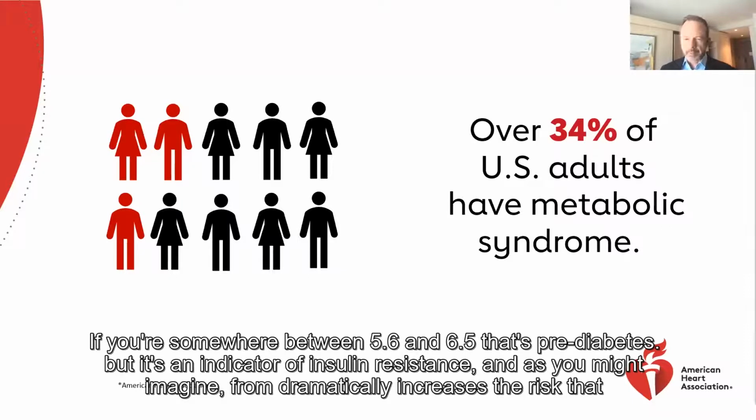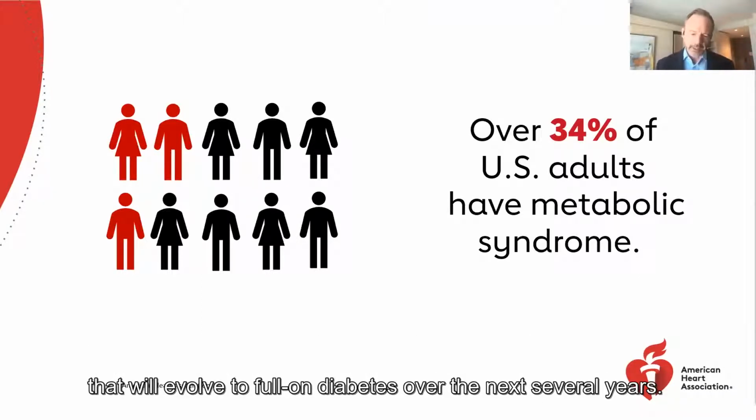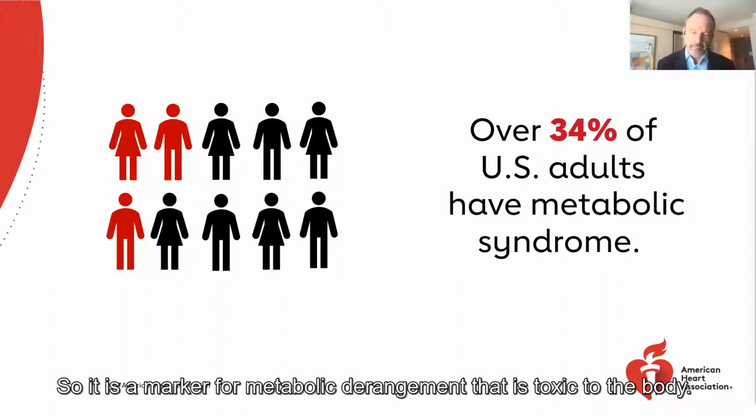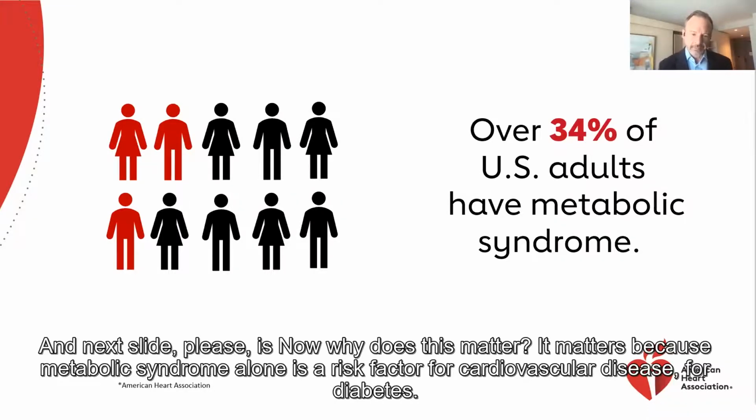If you're somewhere between 5.6 and 6.5, that's pre-diabetes, but it's an indicator of insulin resistance. And as you might imagine, dramatically increases the risk that will evolve to full-on diabetes over the next several years. So it is a marker for a metabolic derangement that is toxic to the body. And next slide, please.